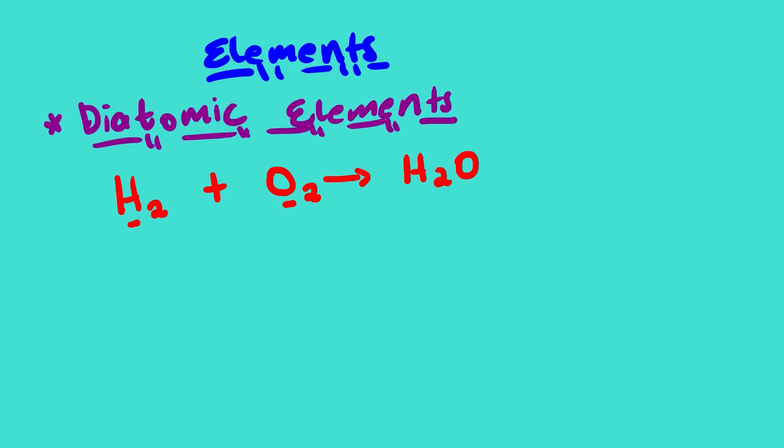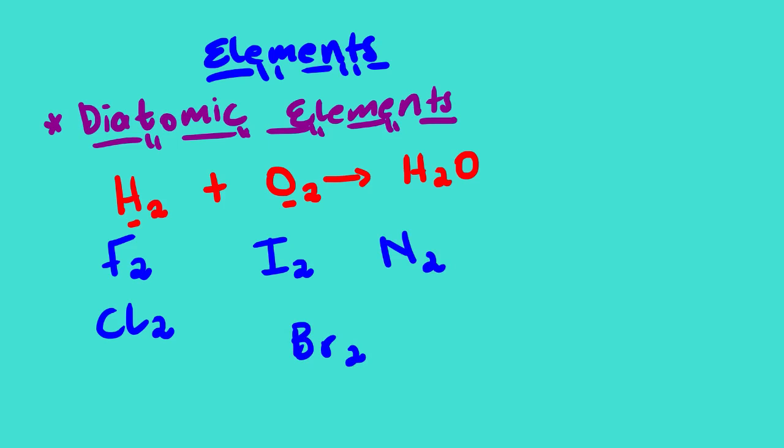Looking at other diatomic elements, we have F2, fluorine, it's a diatomic element. We have Cl2, chlorine, which is also a diatomic. We have iodine and bromine, and then lastly we have nitrogen. So these are the diatomic elements you should take note of.